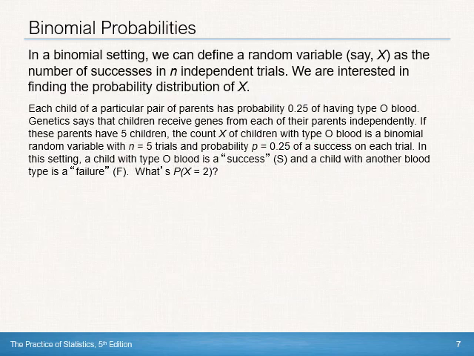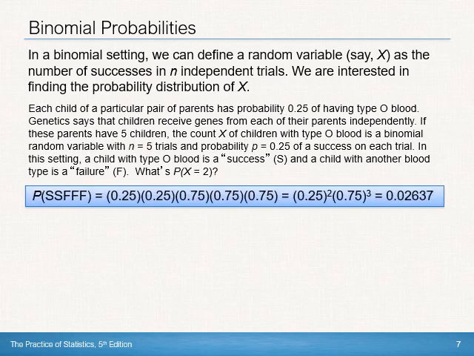All right, so let's get back to the situation where the 2 parents are going to have 5 children, and get back to the question: what is the probability that 2 of the 5 children will have O-type blood? All right, so you might think of this as, what's the probability that the first 2 children are a success?